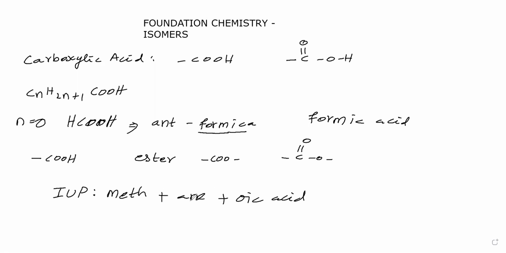Since a vowel sound is there, in the primary suffix the last letter e you have to drop. Therefore we call this methanoic acid. So for HCOOH, the common name is formic acid and the IUPAC name is methanoic acid.